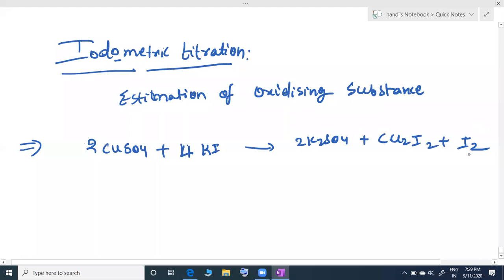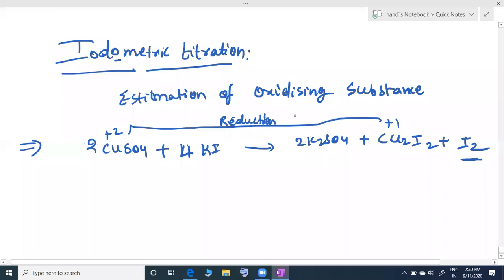Here I2 is liberated, but in previous cases I2 was converted into I minus. Here copper is in +2 oxidation state and becomes +1 oxidation state. So what is the n factor here? 1. This is reduction.